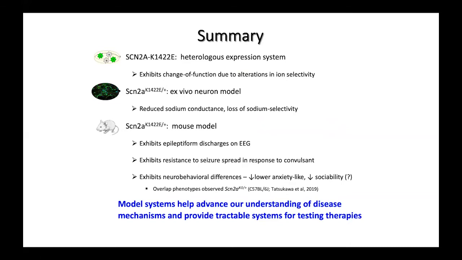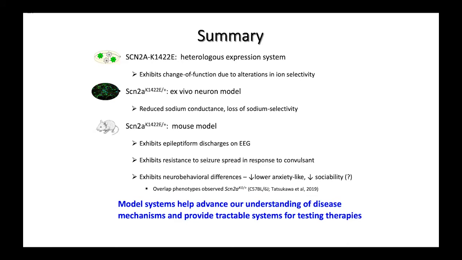So just to wrap it up, I hope I've convinced you that looking across these multiple different levels of analysis is useful. We can see from heterologous systems that there's a change of function with this mutation. And when we look at ex vivo neurons that are taken out of the mouse model, we do see that same change of function.